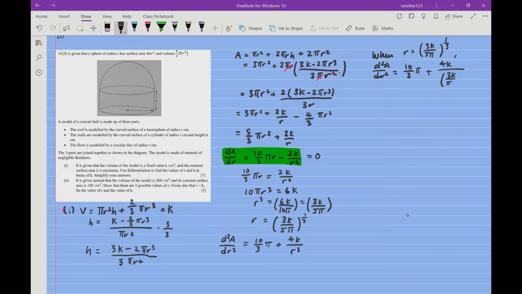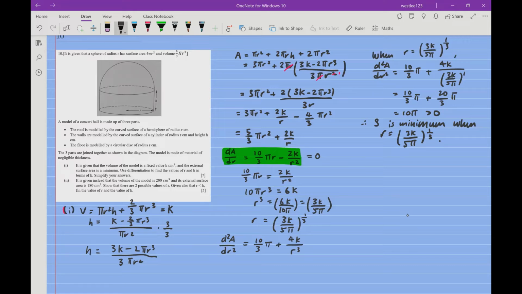So we have this 3k over 5 pi to the power 1. Very nice. So 10 over 3 pi plus 20 over 3 pi. We have 10 pi, which is more than 0. Therefore, we know that S is minimum. The surface area is minimum when r is (3k over 5 pi) to the power 1/3.